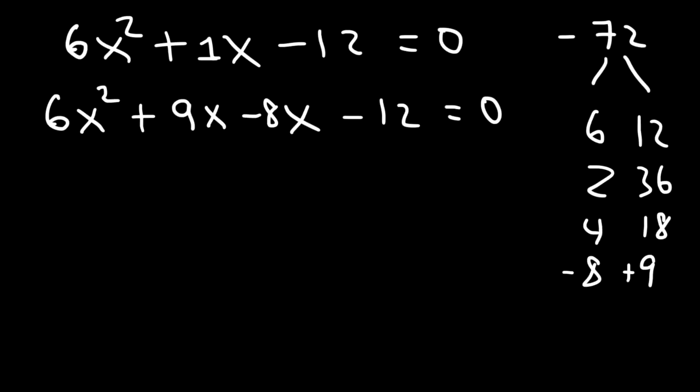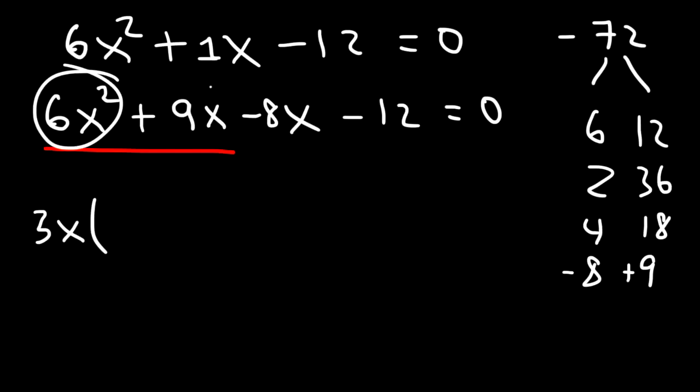Now, now that we have 4 terms, we are going to factor by grouping. So in the first 2 terms, we're going to take out the GCF, the greatest common factor. The greatest common factor between 6 and 9 is 3. And between x squared and x, it's x. So we can take out a 3x from these 2 terms.